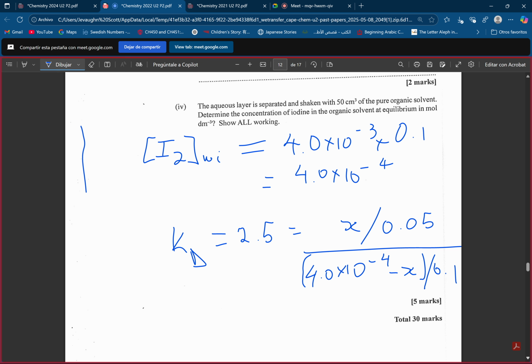Just quickly solve for X and let me know what your answers are. Any responses so far?